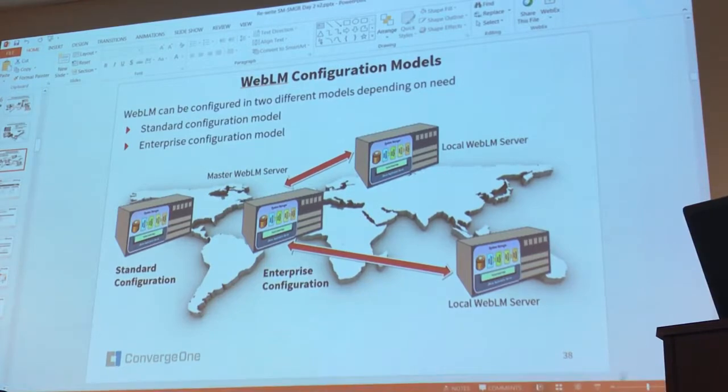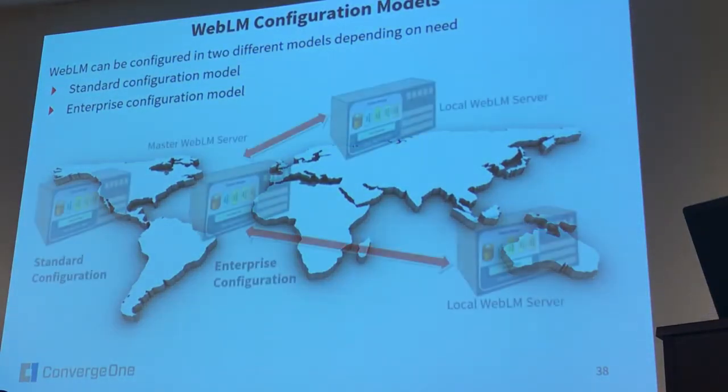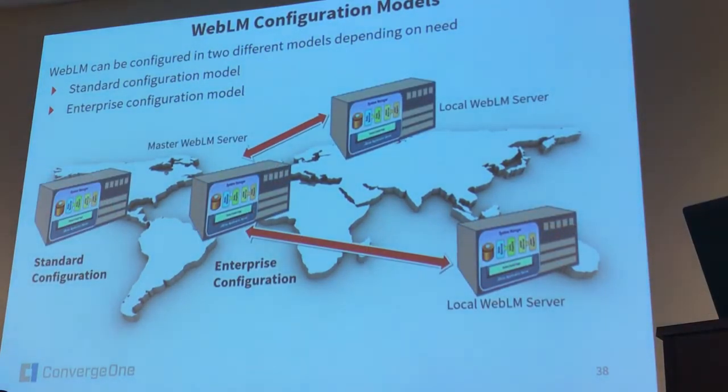Here on page 38, they're talking about two ways in which you can configure your WebLM. One is known as the standard configuration model, where you have just one WebLM and you install the licenses there for all of your systems.